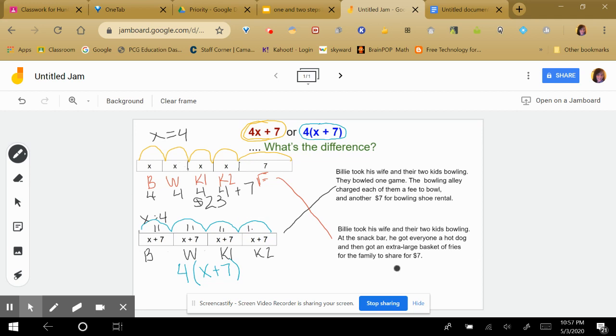So if x equals 4, in this scenario, Billy spent $44. So you can see that they're very different amounts. Even if x is the same, if you use 4x plus 7 or 4 times the quantity of x plus 7, you're going to get a different answer. So it really does make a difference. Okay? All right, I hope that's helpful. Let me know if you need any help.